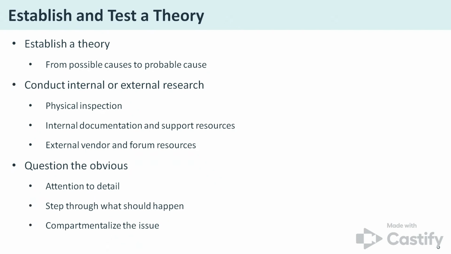Then ask the obvious questions, which is attending to detail. Step 2, what should happen? When you ask the obvious questions, it's all about your attention to detail. Then you look at what should have happened. Most likely, if for instance we discover that the system comes up and after a while restarts by itself, goes off, comes up and restarts, you might want to walk through all the steps.